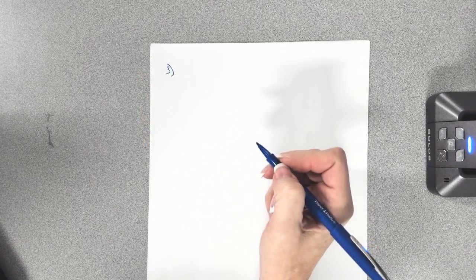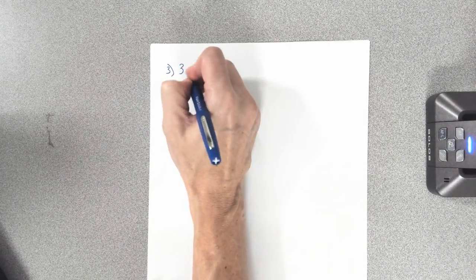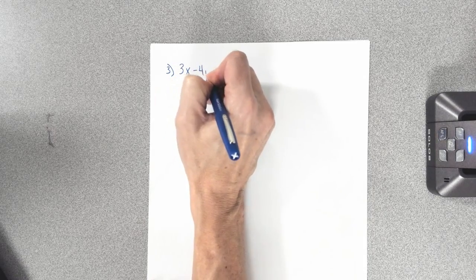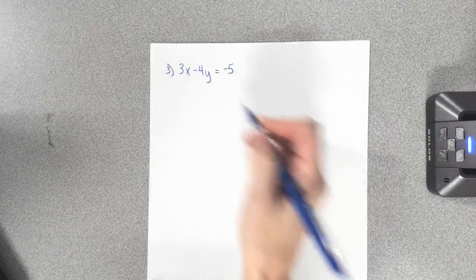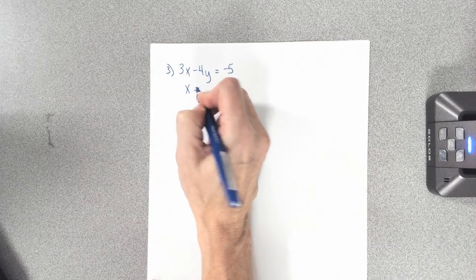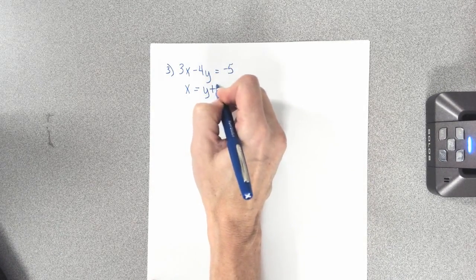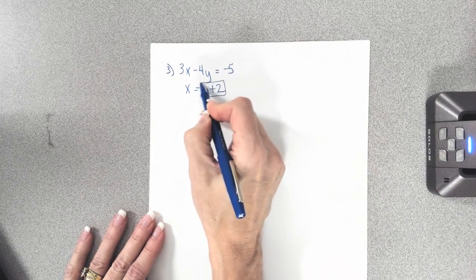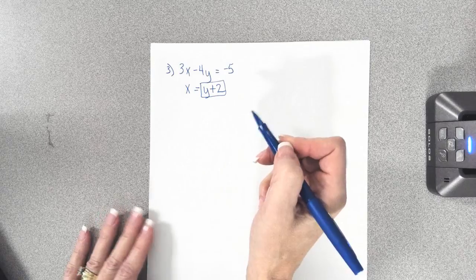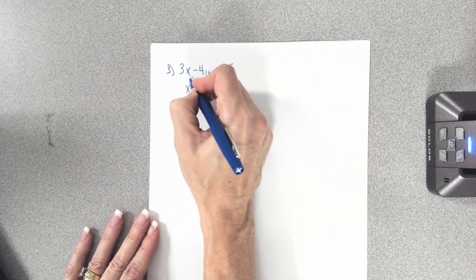Number 3. Let's do 3x minus 4y equals negative 5, and x equals y plus 2. All right, here is my value of x. Plug it in for that variable. So it's going to go right here.